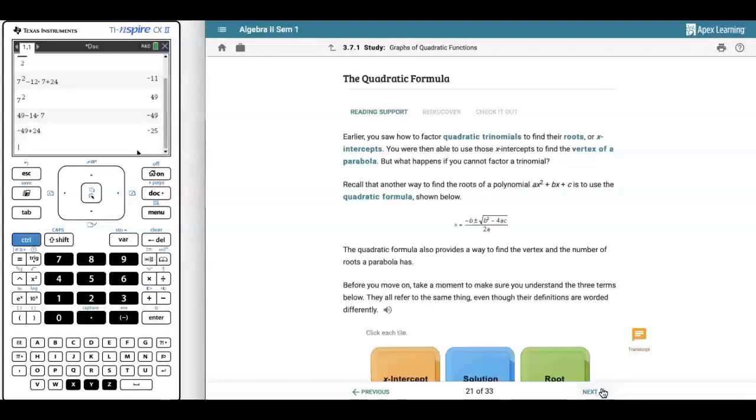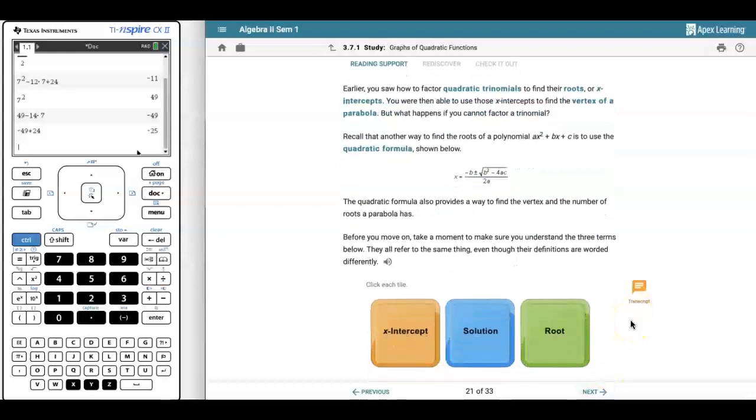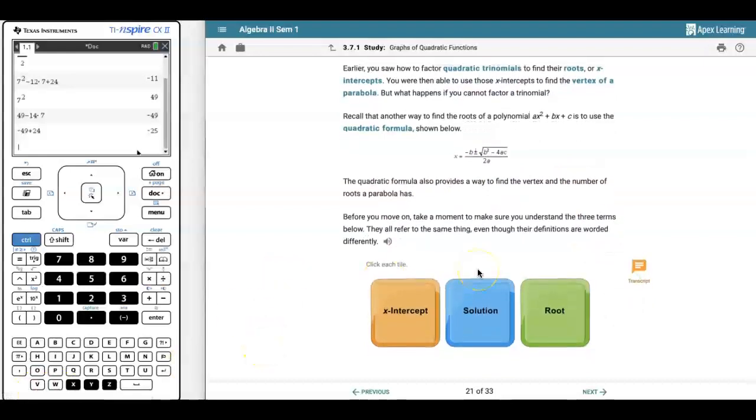So earlier you saw how to factor quadratics. We talked a lot about finding their roots, finding their x-intercepts, and how we use those to find the vertex. Now, there's a slight terminology difference, but they all practically mean the same thing. An x-intercept is the point on the graph where it actually crosses the x-axis.